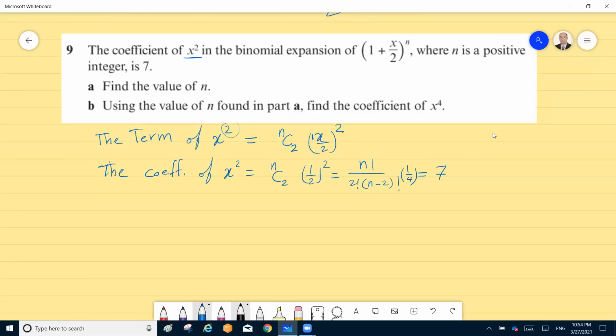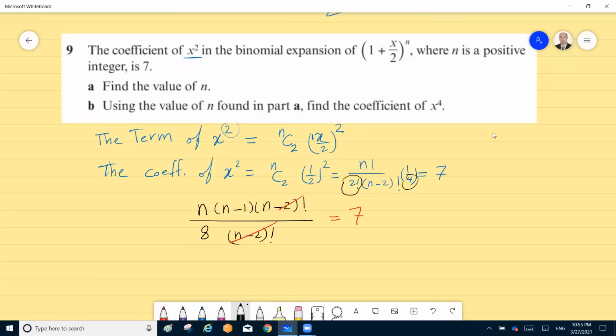So n factorial over, I can simplify this to make it easy and reduce the other one. n factorial is n into (n minus 1) into (n minus 2) factorial, over 2 factorial times 4, which is 8, and the (n minus 2) factorial. You can simplify this and this now. This really equals 7.